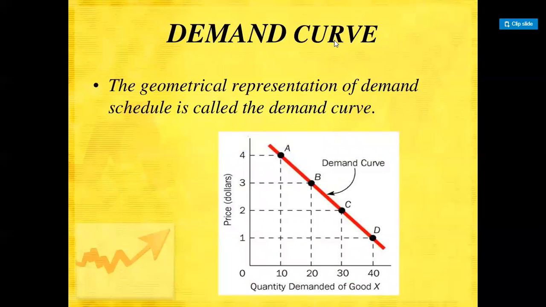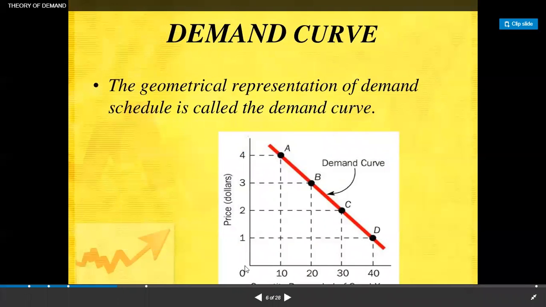Now we will discuss the demand curve. A geometrical representation of the demand schedule is called the demand curve. Here the price is given and here the quantity is given. When the price is 1, the quantity demanded is 40.